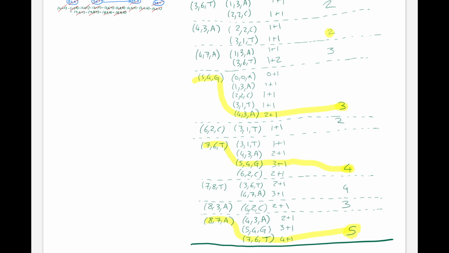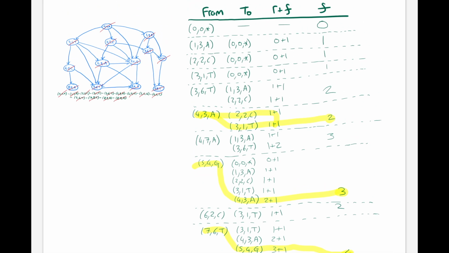How do we make that? That has a value of 2, and there are 2 possible optimal actions here. Considering the first, 3,1T, the best thing to do was go via the initial node, and the second one, 2,2C, the best thing to do was go via the initial node.